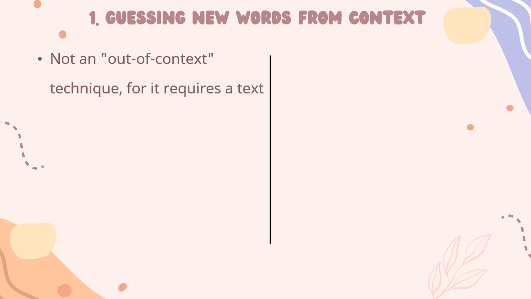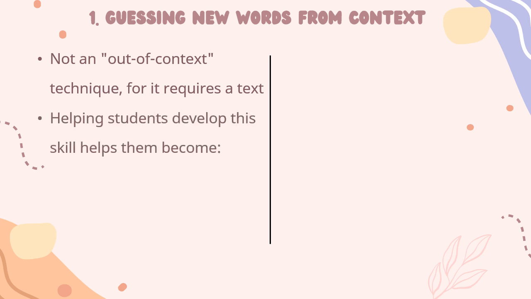Now, when students are taught this technique or when they acquire this technique, they can become independent learners. For they have the ability to work out difficult words on their own, which means they can learn even if their teachers are not around.